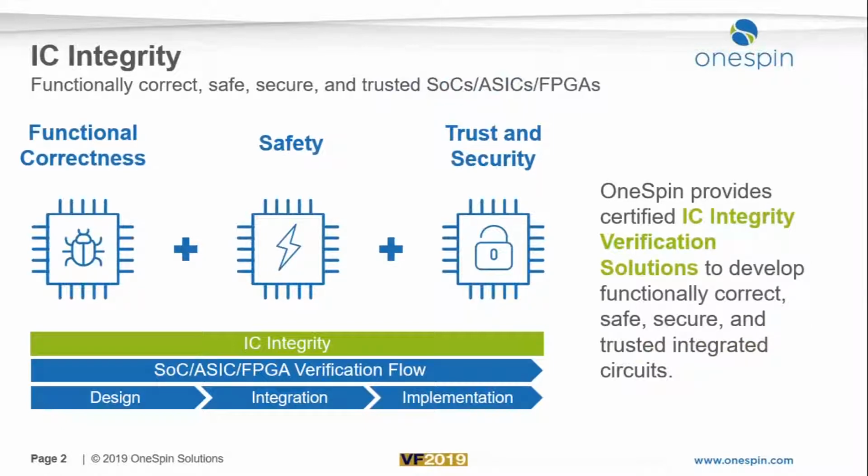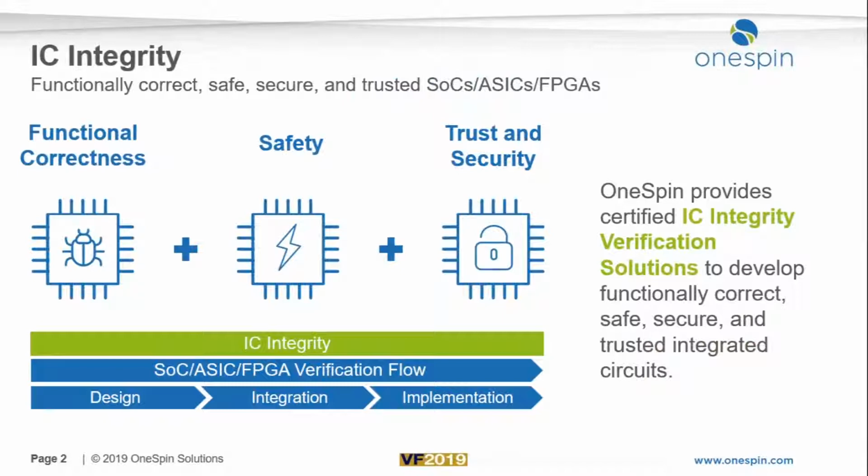Yeah, switch off, and it works. So, one slide on OneSpin. OneSpin is an EDA company, and our focus is on integrated circuit integrity. What we mean by integrity is based on three pillars: functional correctness, when you look for bugs, for corner cases, where your hardware doesn't behave as it should.